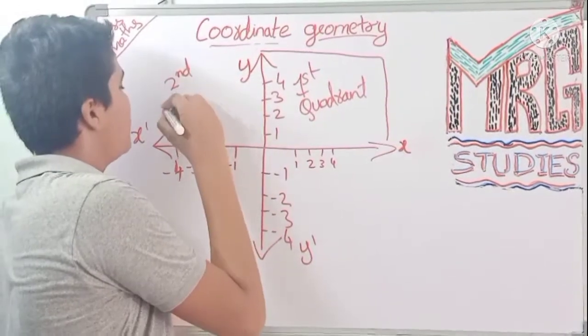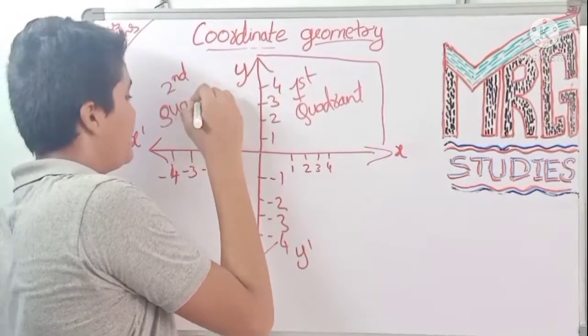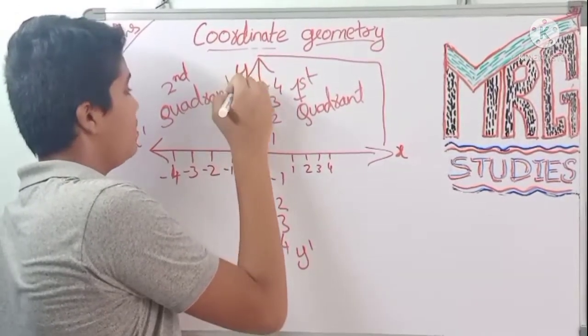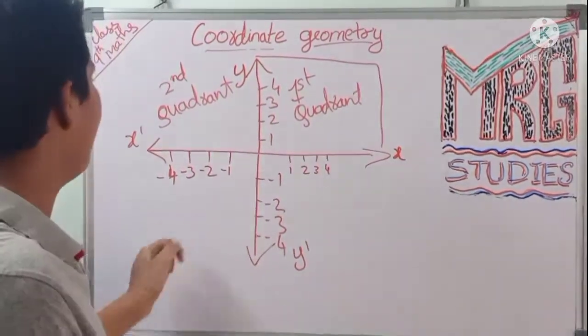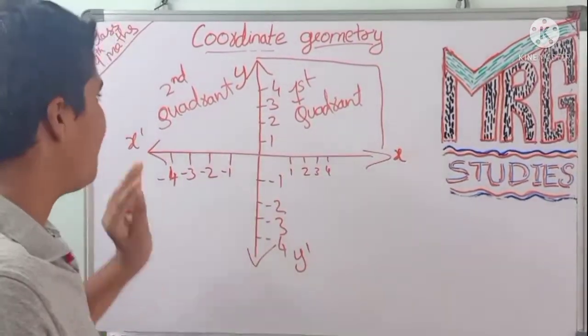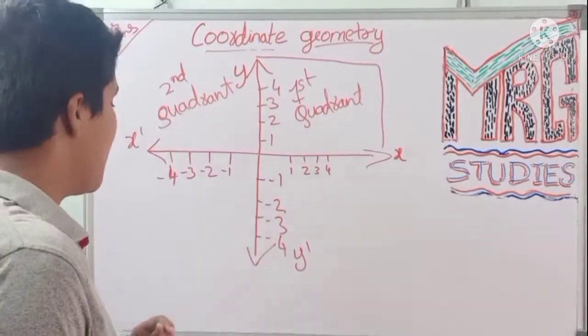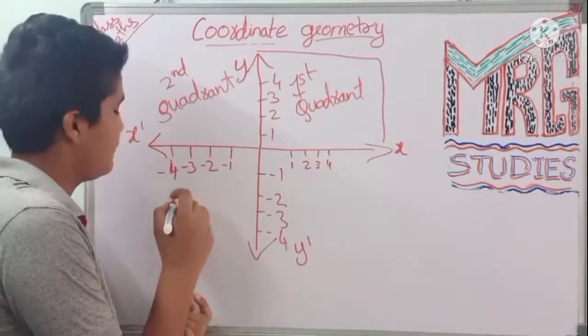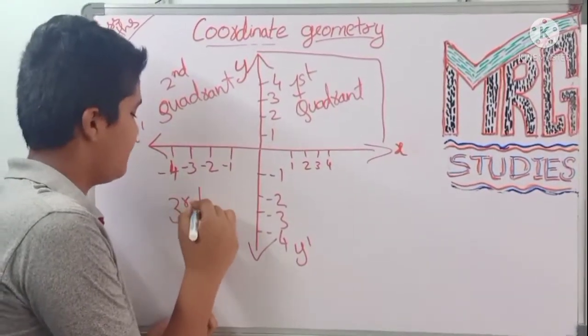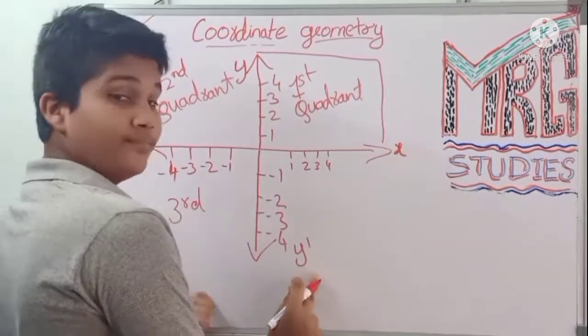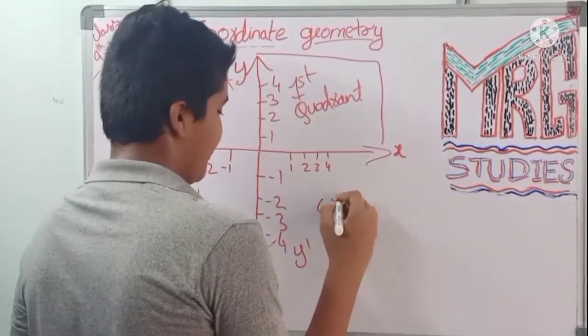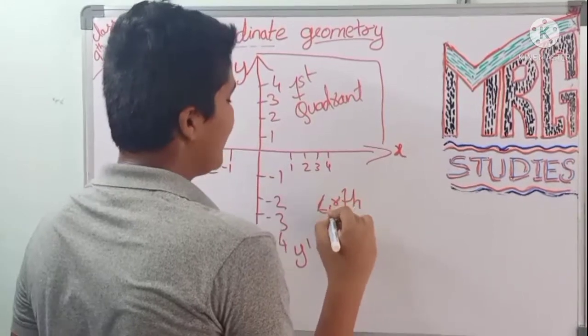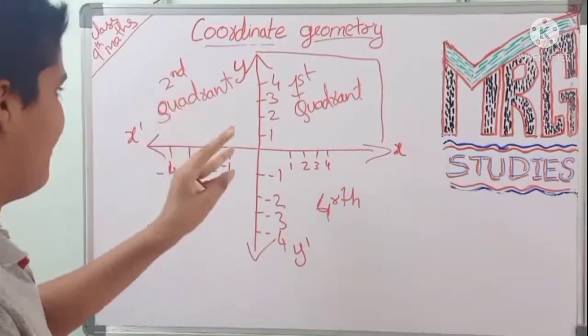Second quadrant. Yes friends, for y and x1 axis we will call this the second quadrant. And for x1 and y1, third. For x and y1 we will call it the fourth quadrant. So like this we have four quadrants in this graph.